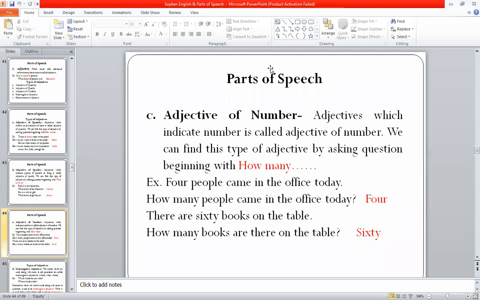That is why it is the adjective of number. Adjective of number indicates the number in the sentence, and it is identified by asking a question starting with how many. So this is about the adjective of number.